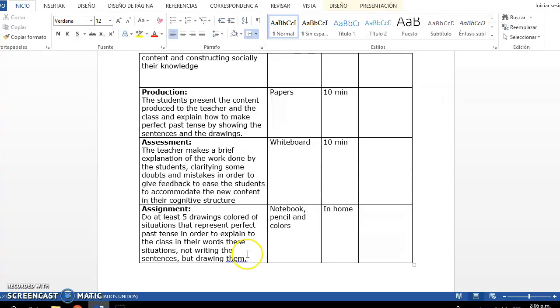The students will explain and represent some situations in a drawing, and then in the next class they will explain them in English, in short sentences, so that I as a teacher can enhance their cognitive structures, accommodation, assimilation and interpretation to use the new knowledge of the language.